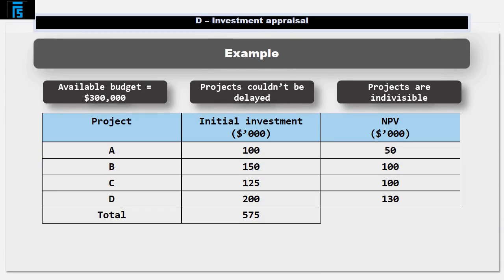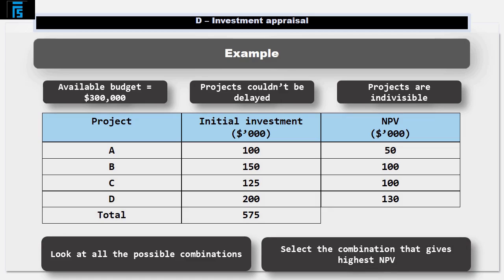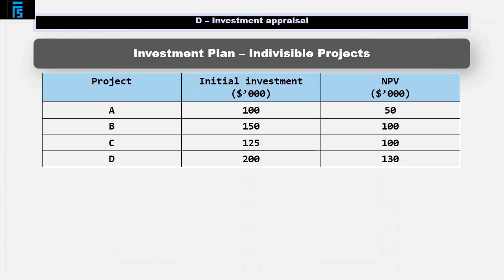If the projects are indivisible, then the only approach we can use is to look at all possible combinations of positive NPV projects, trying to spend as much money as possible, and see which combination gives us the highest NPV.